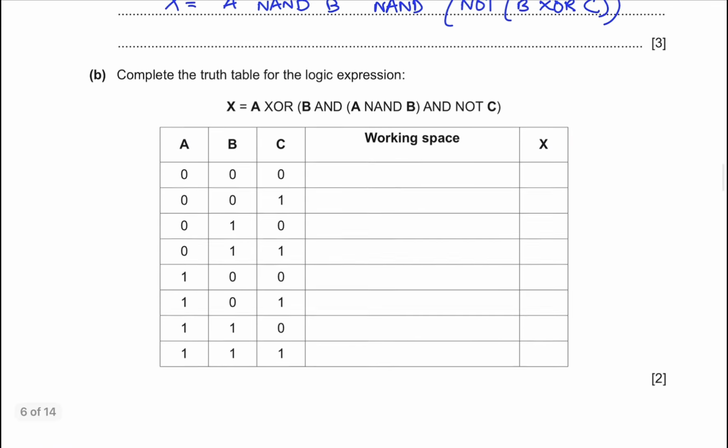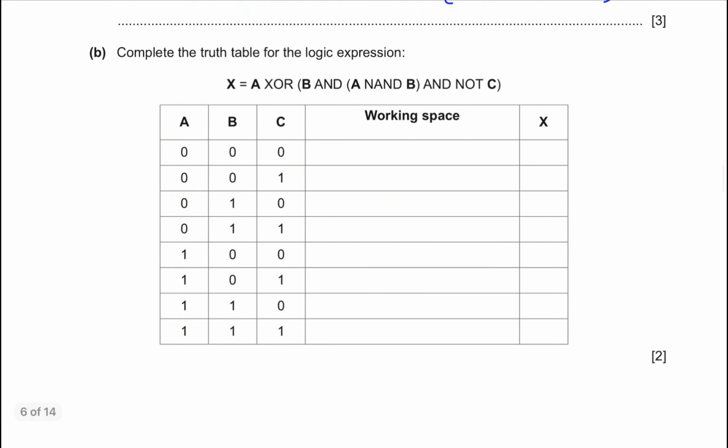Talking about the truth table, complete the truth table for the logic expression. This is the logical expression which is given to you: A XOR B and A and B and NOT C. So you have to solve this question. A, B, C. You have the working space, so do the working.